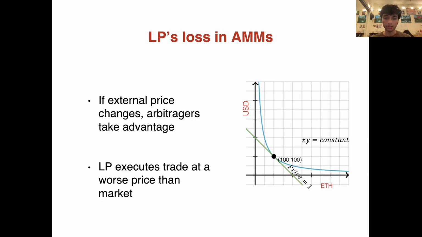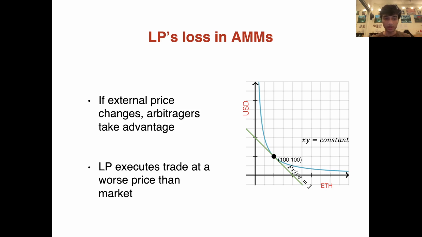Let us now assume that apart from the market maker itself, there is an external market that decides the price of a particular asset. Let's say the price of ETH against USD. Currently the price is equal to 1. Let's say it jumps to something like 4.